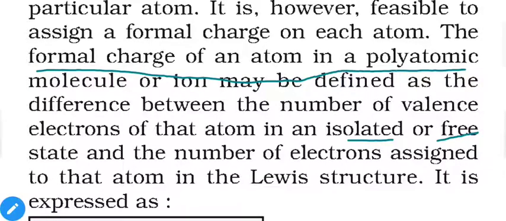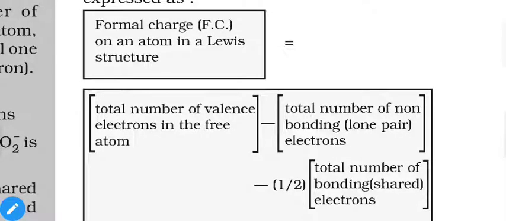First you have to calculate the number of valence electrons in that case, and then we have to calculate the total number of electrons in the molecular or ionic representation around that atom, as it is mentioned here, the electrons assigned to that atom in the Lewis structure. Okay, so we have to find both numbers, that means the number of electrons in the free state as well as the number of electrons in the molecular or ionic state, and putting these numbers in this equation we can find the formal charge of an atom present in a Lewis structure.